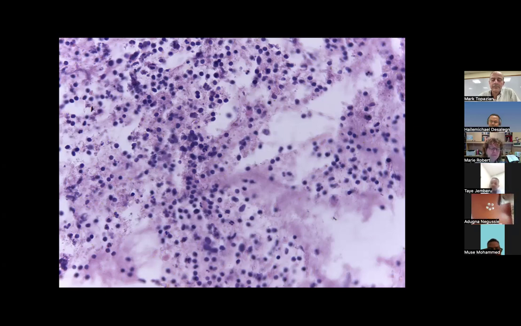Unfortunately, we didn't do AFB or PCR here. AFB we can do, but at that time it was not available. PCR, we cannot do it here. So the only option I have is to sign it out by those histologic findings with the clinical correlation.